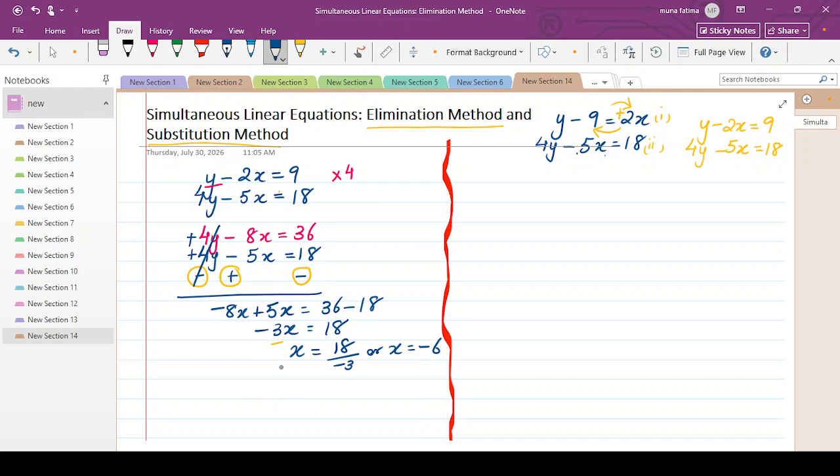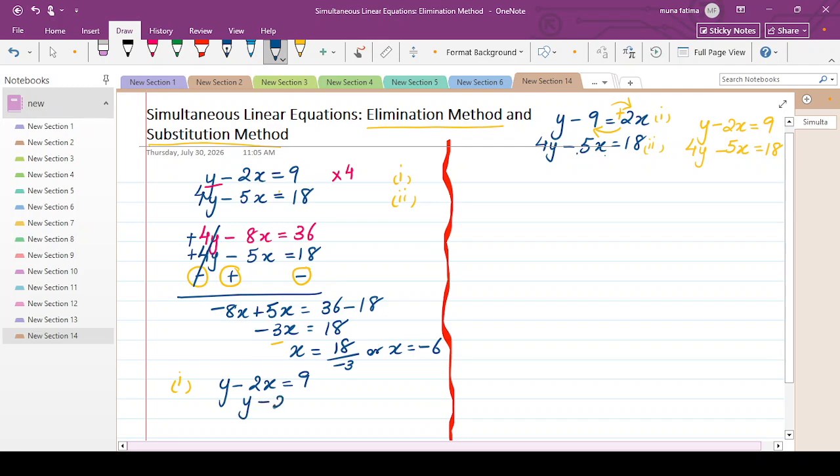Now that we have the value of x, we can use either of these equations, it doesn't matter which one. Equation number 1 or equation number 2, because equation number 1 seems to be less of a headache, we'll just choose equation number 1 and substitute the value of x that we just found to find the value of y.